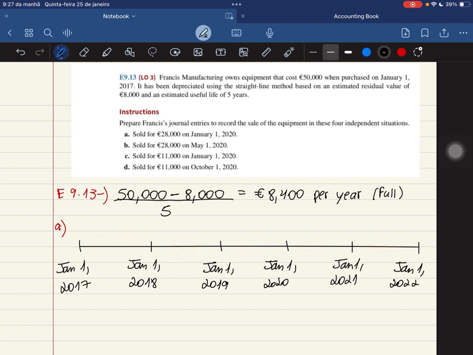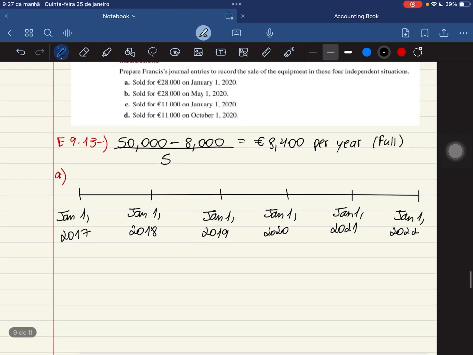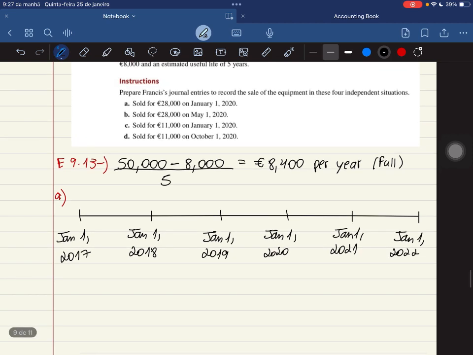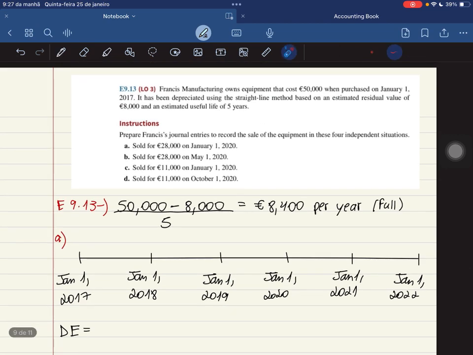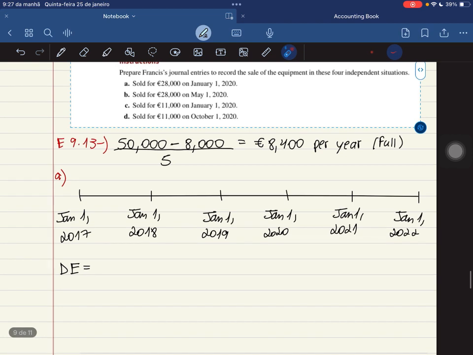Okay, good. So it's sold for 28,000. Well, we need to know if there is a gain or a loss. For us to know that, we also have to know the accumulated depreciation. Right here, I'm going to write depreciation expense and the book value. Since we bought it on January 1st, 2017, until January 1st of 2020, 3 complete years have passed.